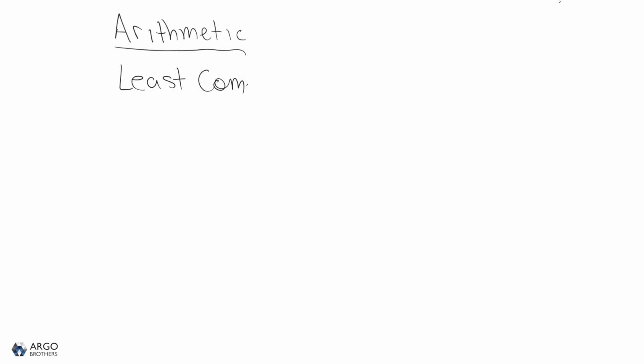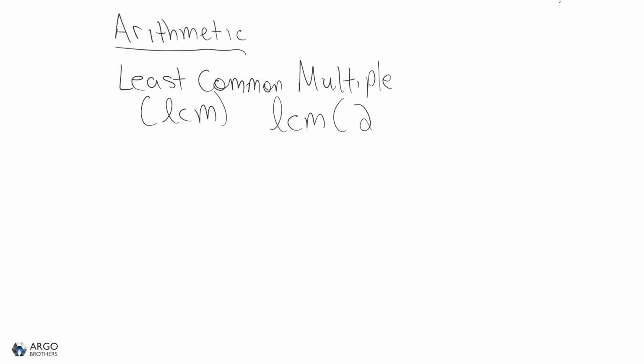Okay, so let's go over least common multiple first. What does a least common multiple mean? And I'll be abbreviating least common multiple as LCM. So the least common multiple of two numbers, I'll say 2 and 4, is exactly how it sounds. It's the smallest multiple between the two numbers.